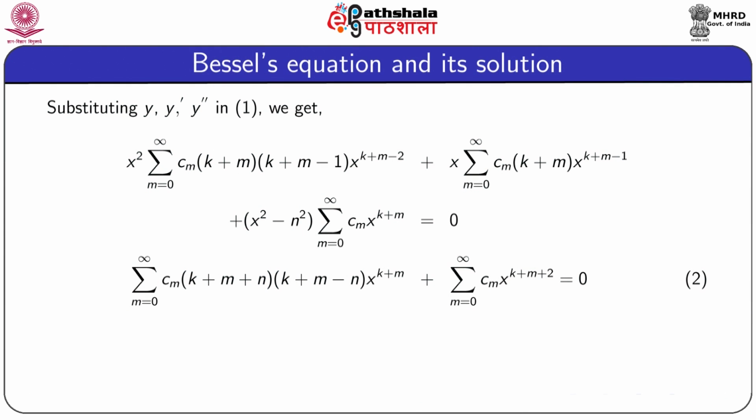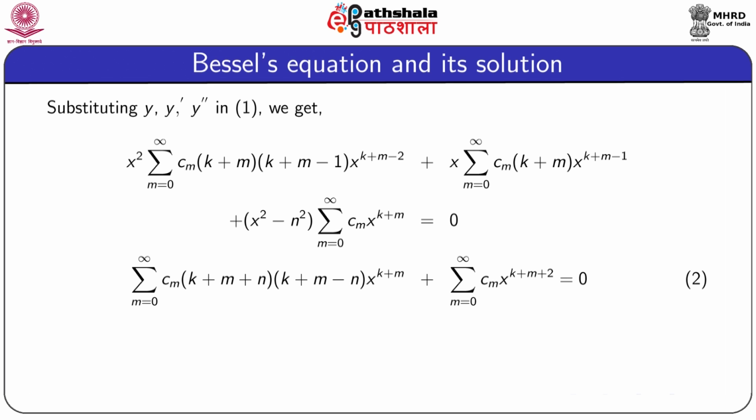We now substitute the values of y, y dash and y double dash in 1, and we will get x square summation m equal to 0 to infinity c m (k plus m)(k plus m minus 1) x to the power k plus m minus 2 plus x times summation m equal to 0 to infinity c m (k plus m) x to the power k plus m minus 1 plus (x square minus n square) summation m equal to 0 to infinity c m x to the power k plus m equal to 0.